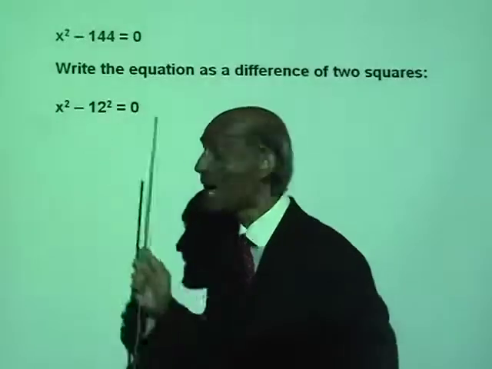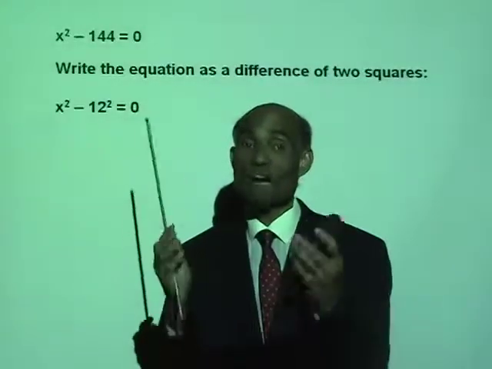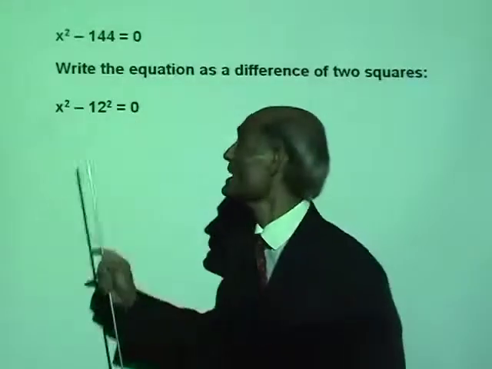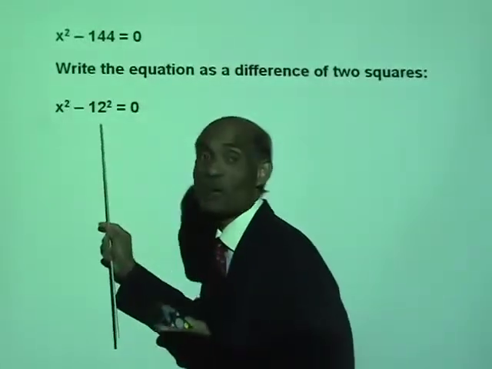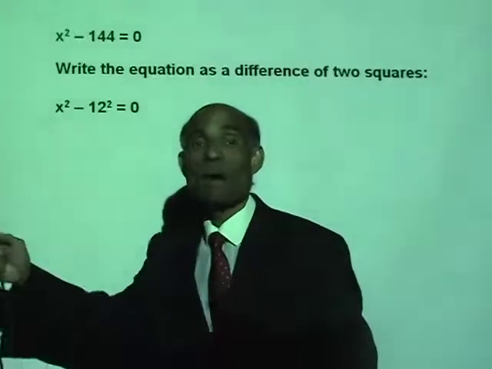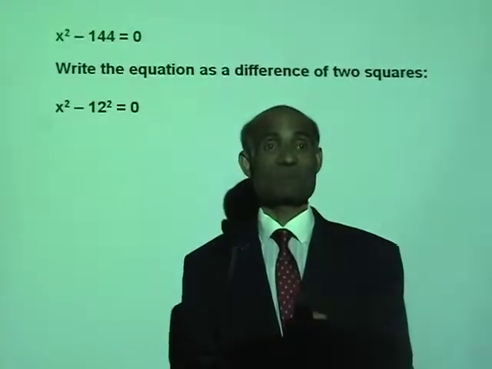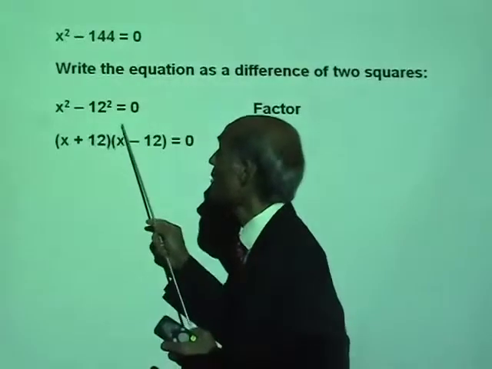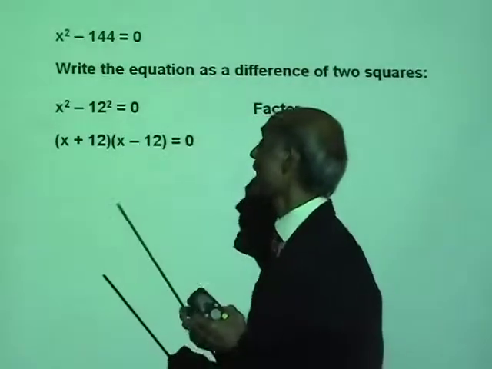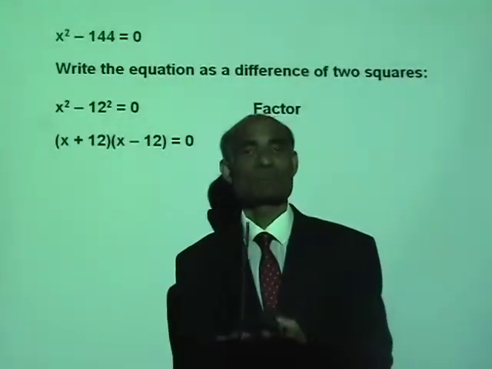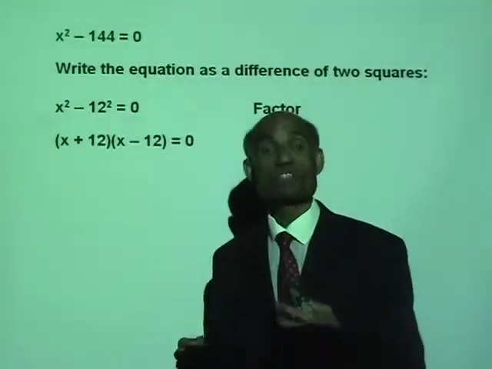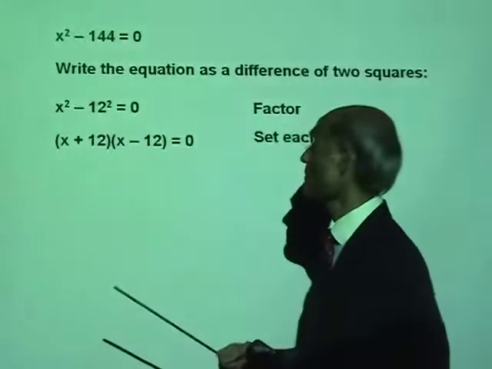Can you factor this now? The factors of the difference of two squares is the sum of the two numbers multiplied by the difference of the two numbers. So factoring gives me x plus 12 times x minus 12 equal to 0. And now, to solve for x, we set each factor to 0.